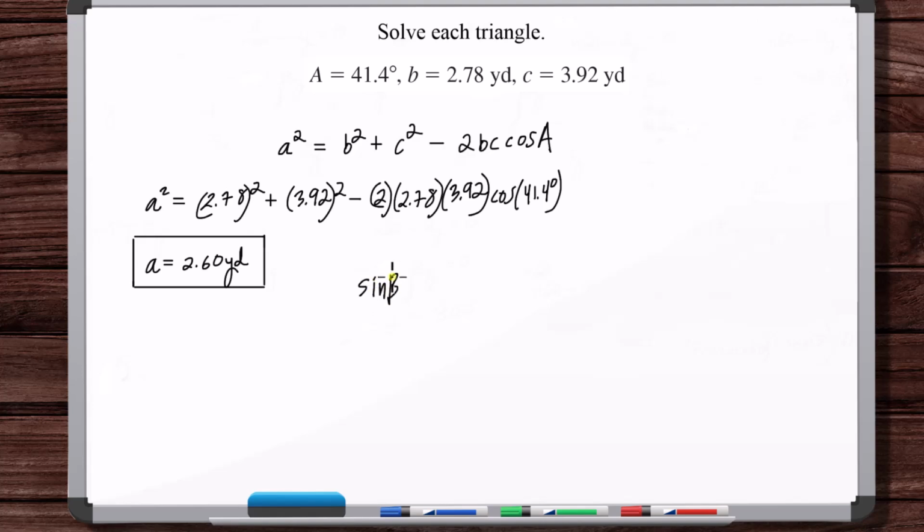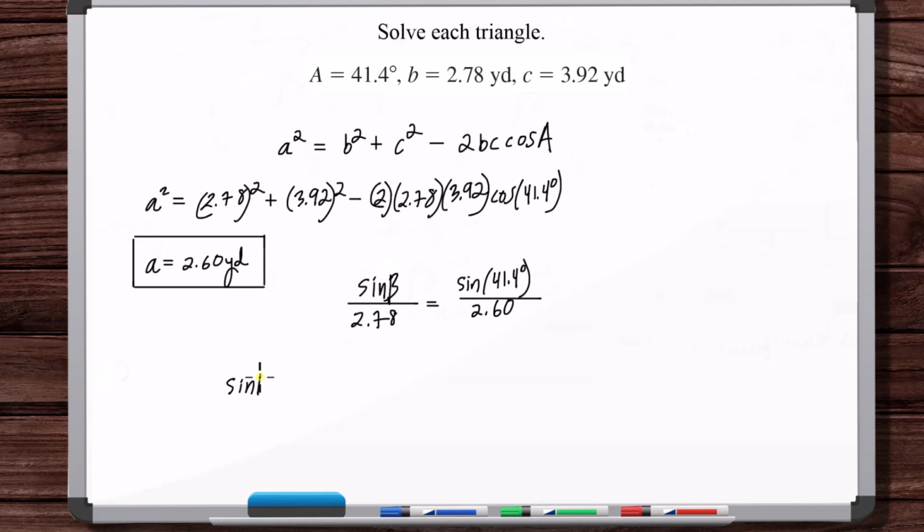Sine of B over 2.78 is equal to, let's do sine of A over 2.60.